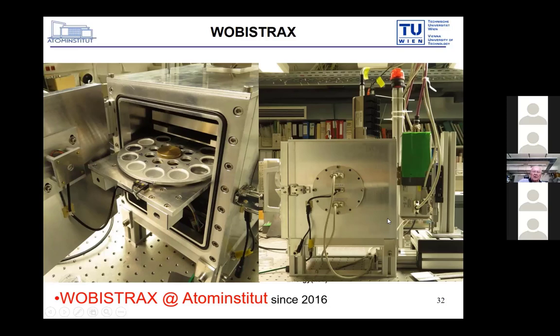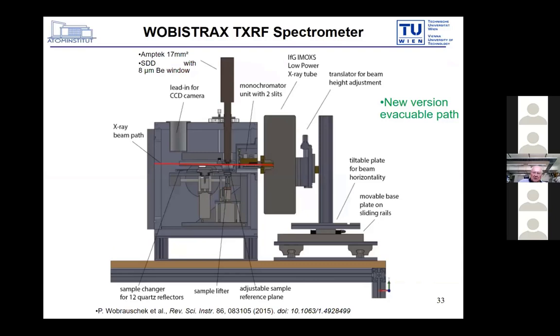Okay, so we had to make another advance to use this dual excitation optimally. Namely, you see here that we have an air path of 110 millimeters from the tube to the multilayer, and then the chamber window was here. And here is the reflector and the rest of the measurement unit.